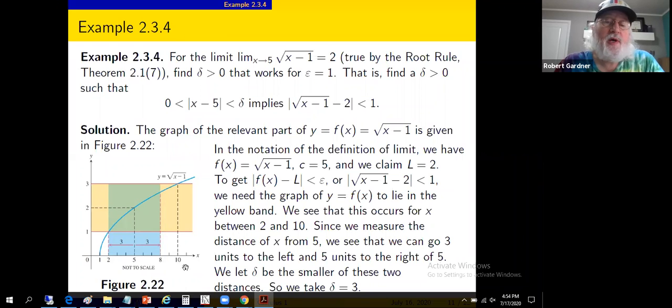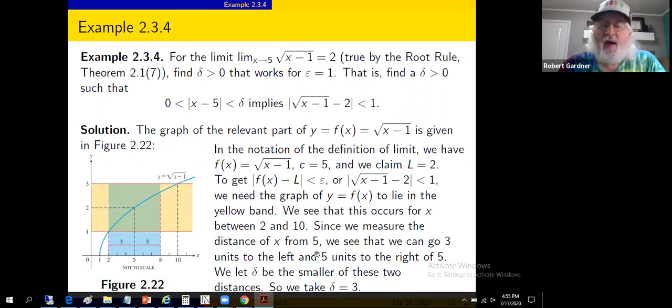So if the graph is correct, if we input an x value between 2 and 10 into this function, we get the function's graph to lie within the yellow band and the output values to lie between 1 and 3. So we need to input values between 2 and 10. But this limit thing is set up in such a way that we measure distances from 5.